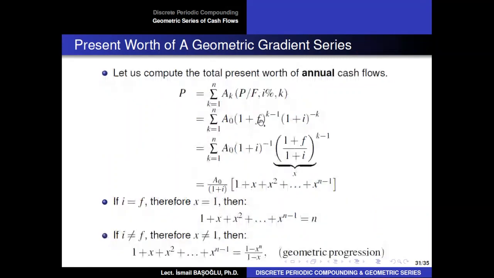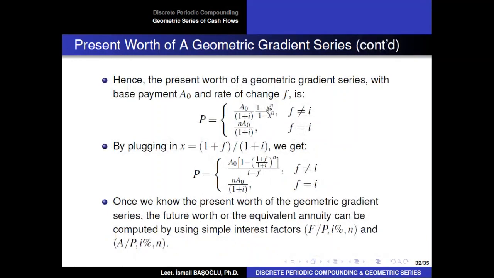Now, remember, x is what? x is 1 plus f over 1 plus i. So if I plug in x as a formulation here, if I write 1 plus f over 1 plus i in place of x here, after a little algebra, you will realize that the present worth will be equal to A0 times square brackets 1 minus the ratio between 1 plus f and 1 plus i to the power n, divided by i minus f.